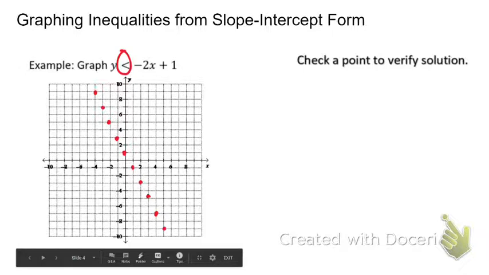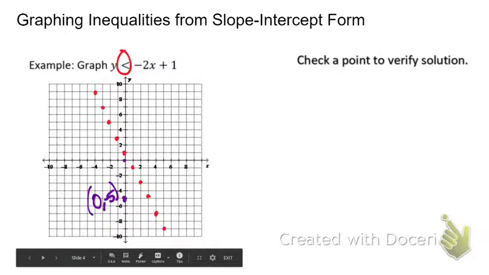Then what I'll do here is I would then say, well, it's supposed to be less than. Well, that should be anything below the line. So let's say that I was going to pick 0, -5. Or even 0, 0 would be below the line, but it's pretty close. So I'm going to pick 0, -5.